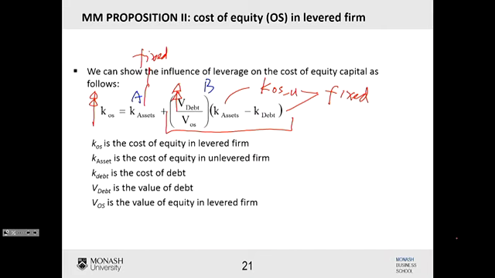That's Modigliani-Miller theory, proposition 1 in the world without tax. And it's a direct linear relationship. How much you increase the debt, that much the equity holder should require a higher return.